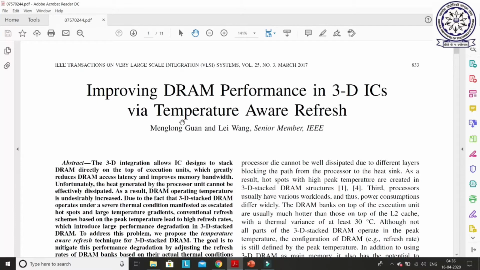Though I have not discussed a paper in this direction, you will find a lot of papers. In fact it's itself a research area: how to improve the efficiency of DRAM LLCs. There are many papers in different areas: how to reduce the refresh overhead, how to improve the energy consumption, how to improve the latency.